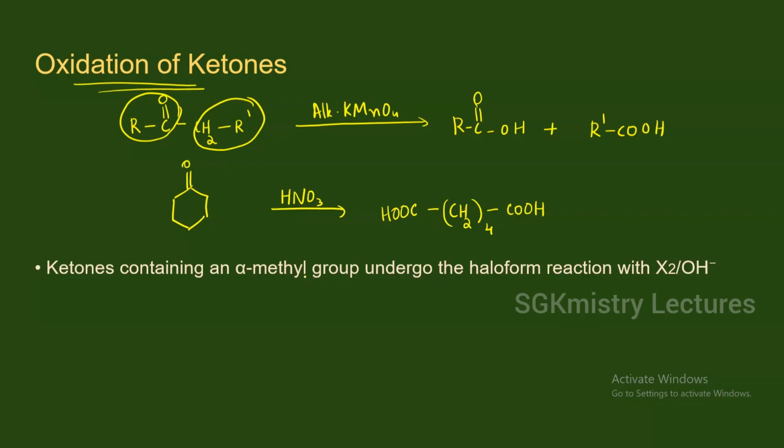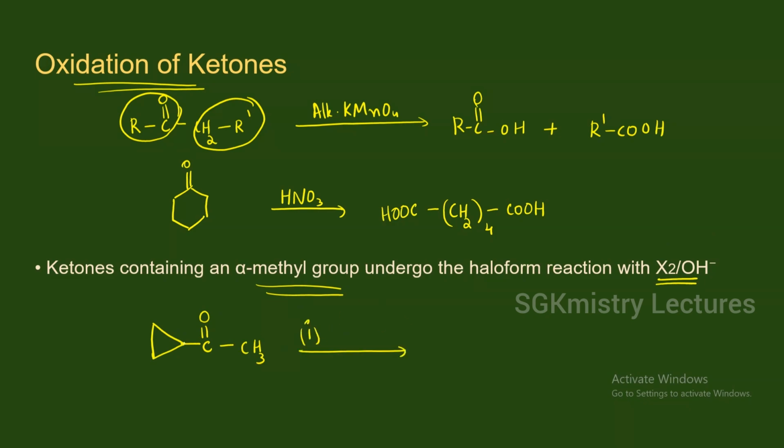Now, if the ketone contains an alpha methyl group, it gives the haloform reaction in the presence of a halogen and a base, or alkaline conditions. Let us take one particular compound, COCH3, which is a ketone.